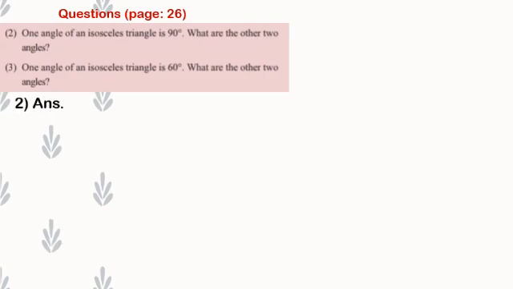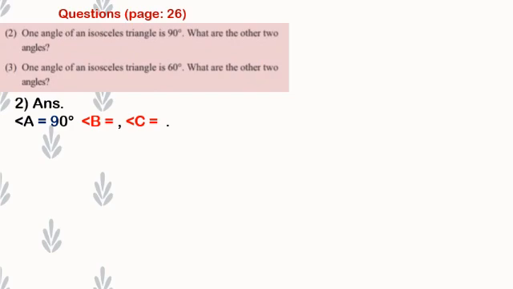Second question. Just imagine ABC is an isosceles triangle and angle A equals 90°. We have to find the other two angles, angle B and angle C. We know in an isosceles triangle, two angles are equal.